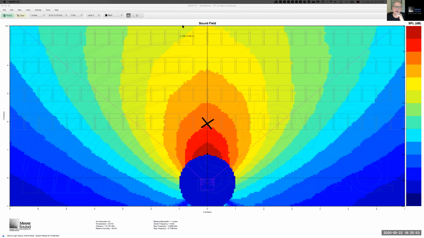But as you abandon those center seats and start to make your way in either direction, now you start to see a drop in level due to angular attenuation, because you go from on axis to off axis. So now where you are sitting with respect to that loudspeaker will determine what level you're exposed to.